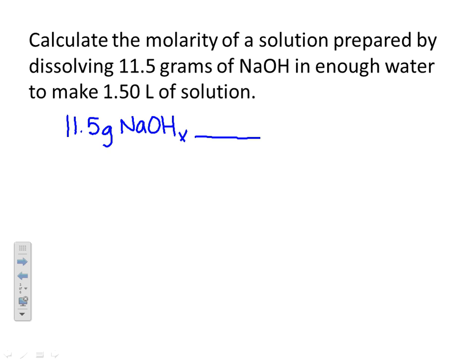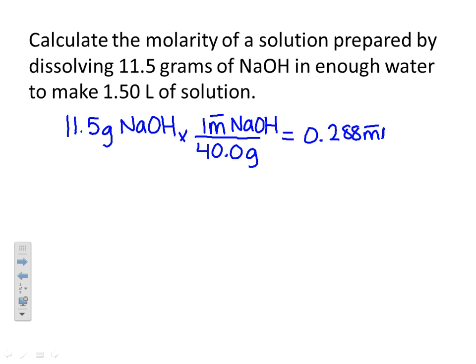So we'll find the molar mass of NaOH, 23 plus 16 plus 1, so you get 40 grams is 1 mole of NaOH. So we have 0.288 moles of NaOH.